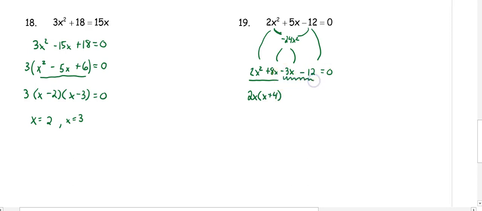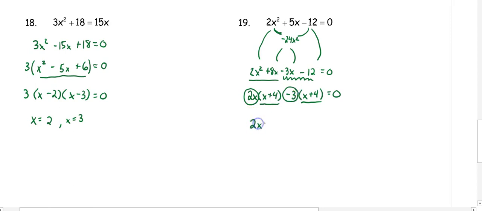In the second two terms, we have negative 3 as the GCF. So we have x plus 4 equals 0. Now, why did I take out a negative 3 instead of a positive 3? I need these two parentheses to have the same signs and the same information inside them. So now that I have that, what's outside is going to go in one parenthesis together.